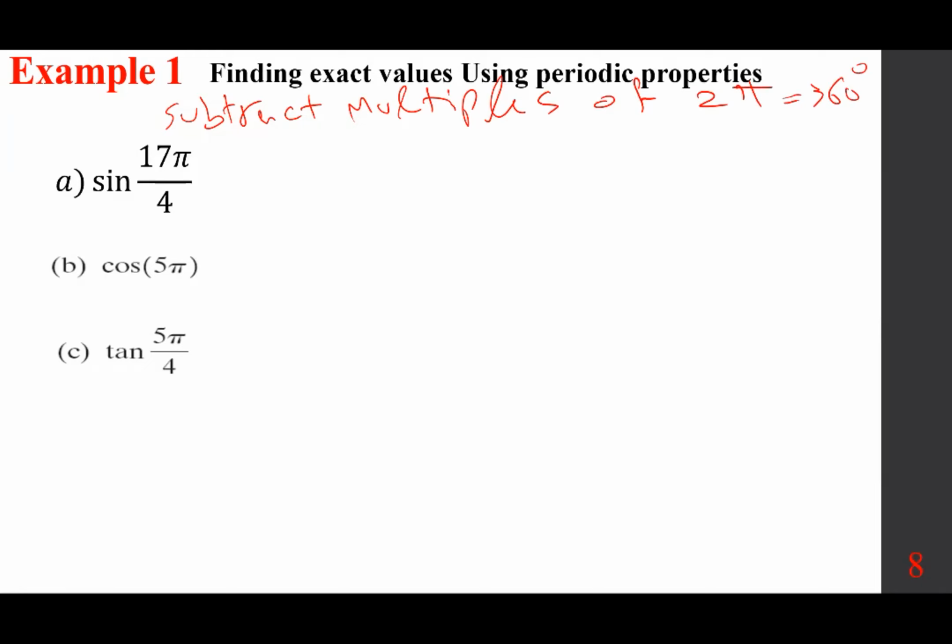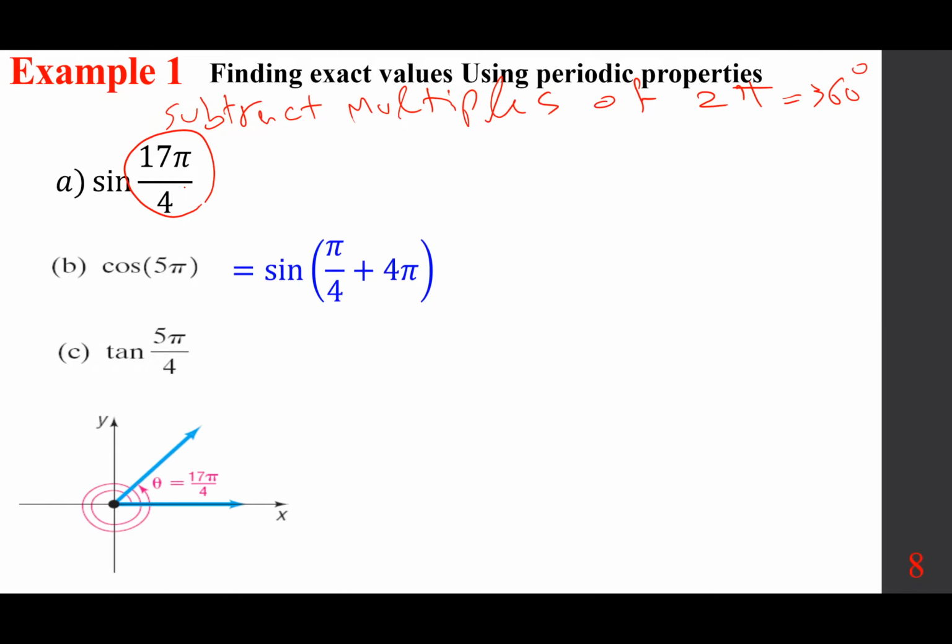So I hope you realize that 17 pi over 4 is 16 pi over 4, which is 4 pi, and pi over 4. So the meaning of 4 pi is that we go around for 2 complete revolutions. We end up at pi over 4 in the first quadrant.